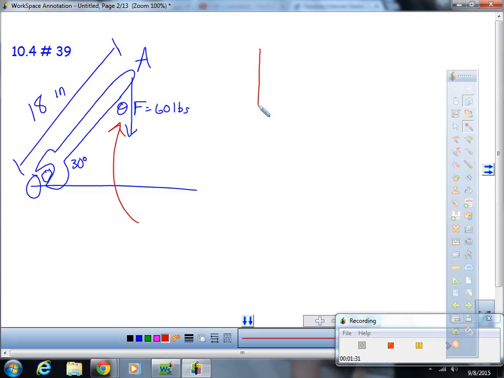The solutions manual starts out with a little picture like this, and then it writes OA is 1.5 feet. So we've changed it to feet so that we can use these sweet foot-pounds.